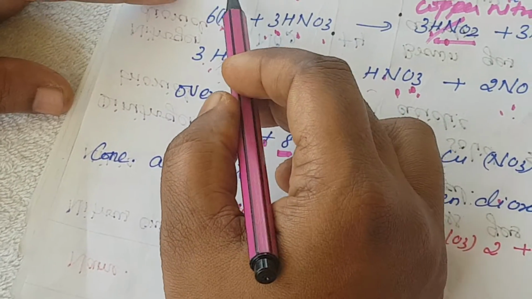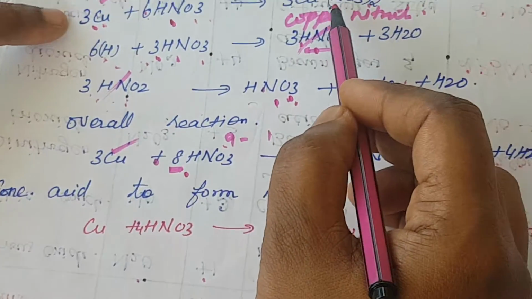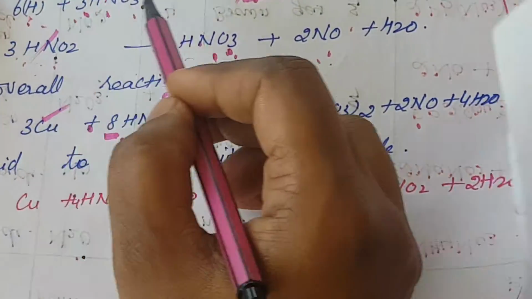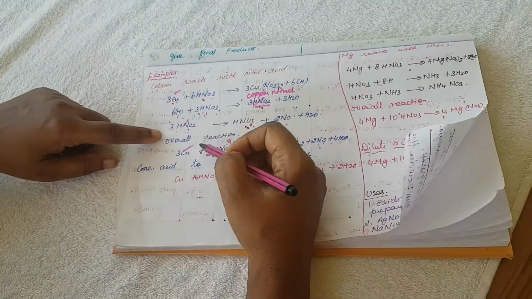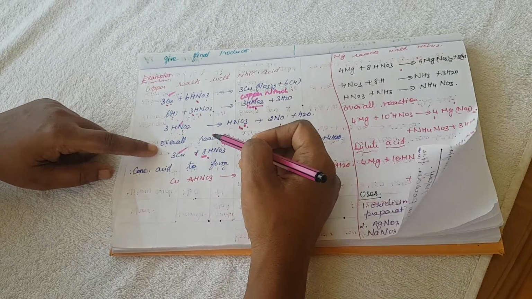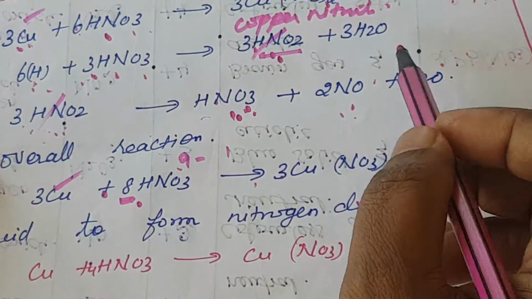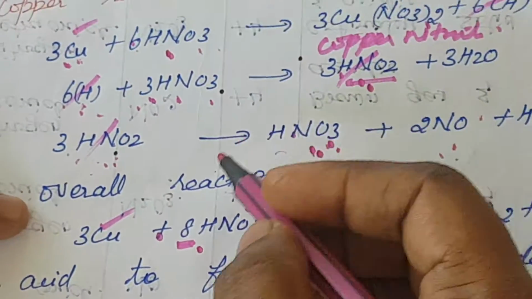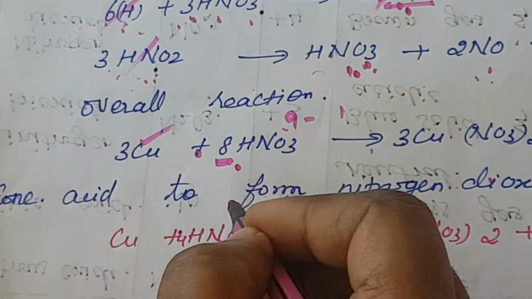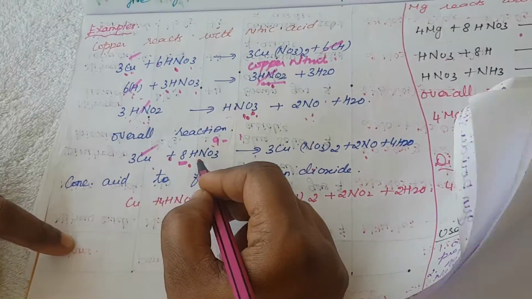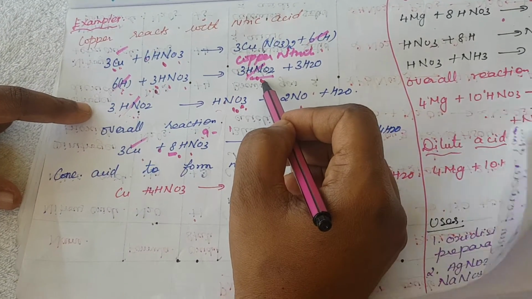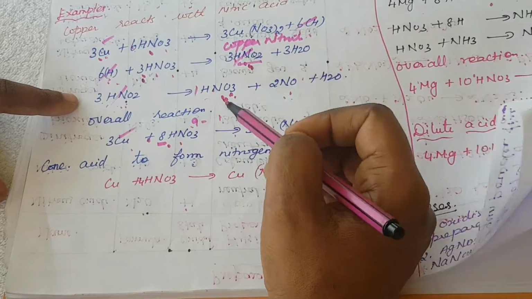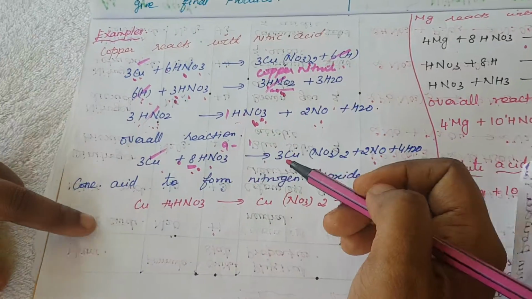First the primary reaction: metal reacts with nitric acid to give metal nitrate, then hydrogen forms nitrous acid, and this nitrous acid gives nitric acid. The overall reaction is adding the 3 equations together, and the 6H will be cancelled. Totally 9 nitric acid here, and 1 nitric acid on the product side, so 9 minus 1 is 8 nitric acid.